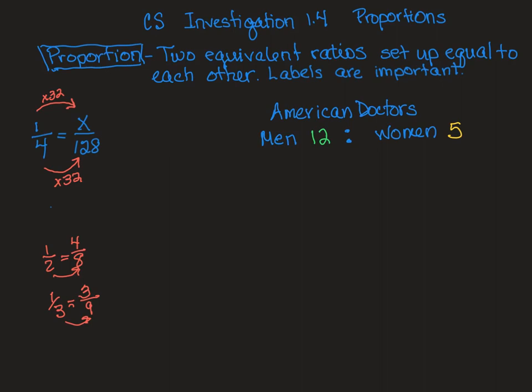So I could rewrite this proportion as 1/4 equals 32 over 128, and those would be two equivalent fractions. So there I have equivalency. And that is what a proportion is. It means the numerator and the denominator of both sides are proportionally increased or decreased.